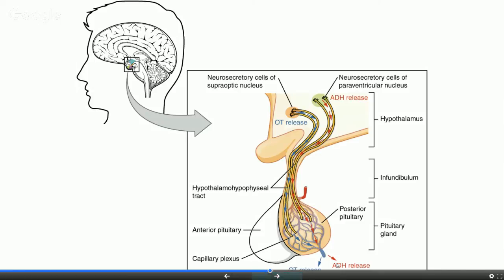Antidiuresis would be the opposite of urination, or retaining water. So antidiuretic hormone is a hormone that causes you to retain water from your kidneys and not release it in your urine. ADH is most active overnight, when you're asleep and you're not drinking, so you retain water to keep your body with the proper fluid levels at night.